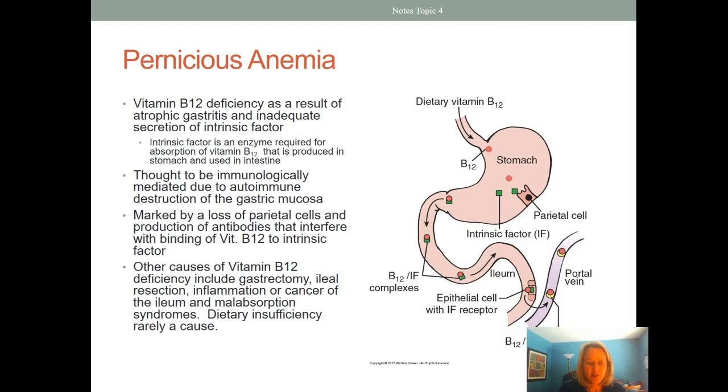Other causes of vitamin B12 deficiency that are not specifically pernicious anemia include removal of part of the stomach, resection of the ileum, inflammation, or cancer of the ileum, where we're reabsorbing here, but rarely is dietary insufficiency a cause. We have about a 7-year supply of vitamin B12 in our bodies already.